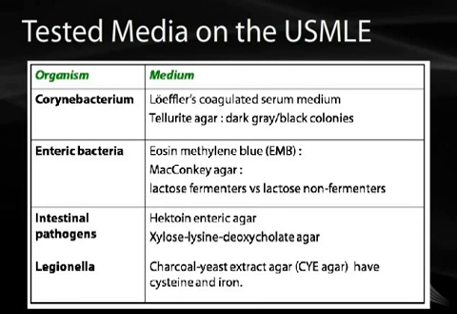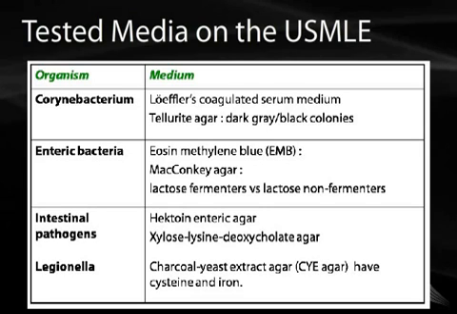Enteric bacteria frequently grow on EMB, or eosin methylene blue media, and they'll make different products which will distinguish the colors of the colonies on each plate. MacConkey agar is also frequently used for enteric bacteria, and it'll help distinguish between lactose fermenters and non-lactose fermenters. The intestinal pathogens are often grown on Hektoen enteric agar or xylose lysine deoxycholate agar.